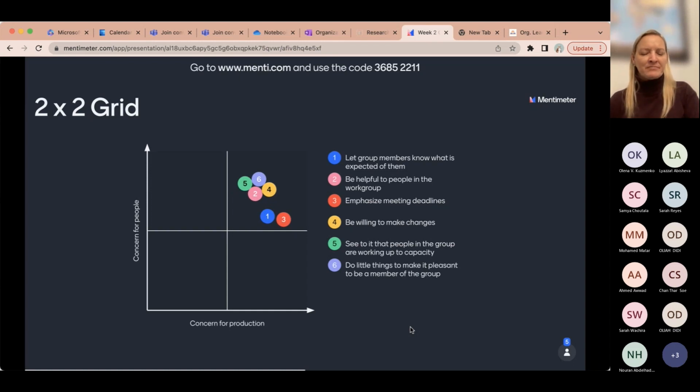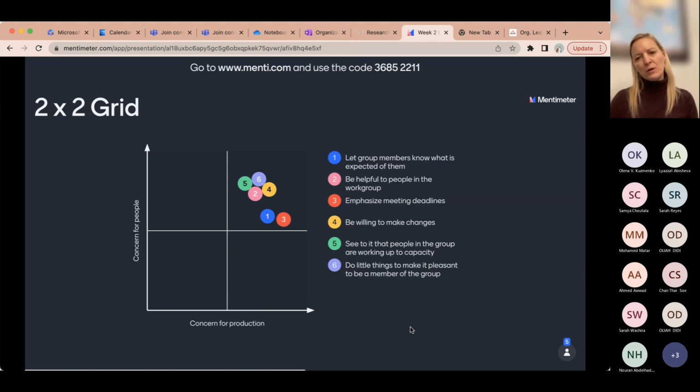Interesting. I think there's still a few more people that either haven't logged in or need to look at each one of those areas and select.